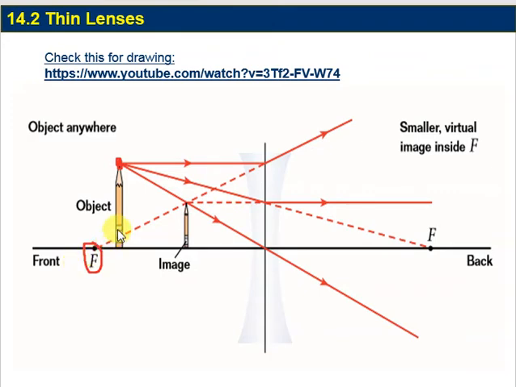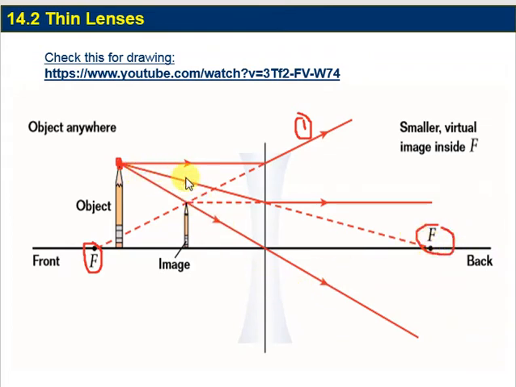Okay, what about the second ray? You remember for converging lens, we said the second ray is just the opposite of the first. What is the opposite of the first? The opposite is, girls, the ray going toward F bends parallel. Okay, so this is the second ray. It's going toward F, but the other F, where is it now? It's here, in the back of the lens.